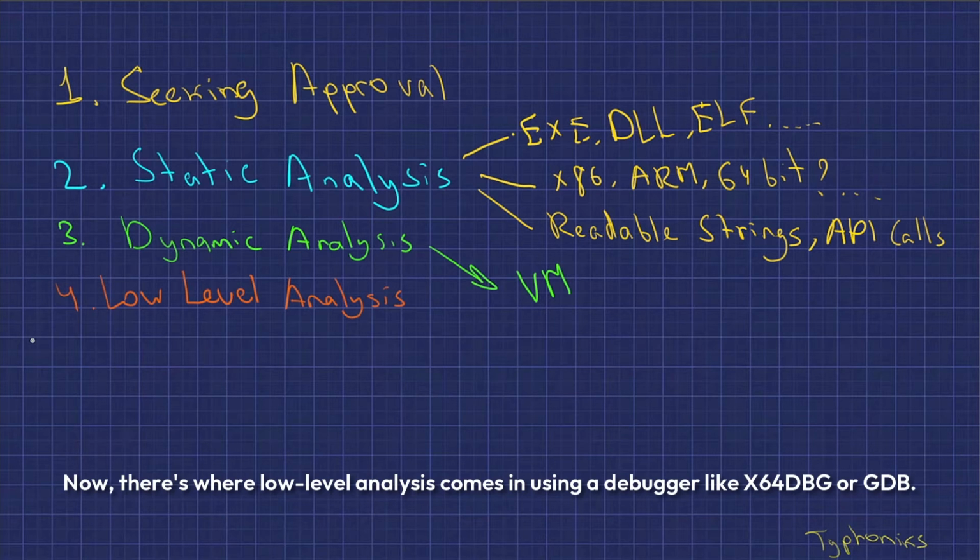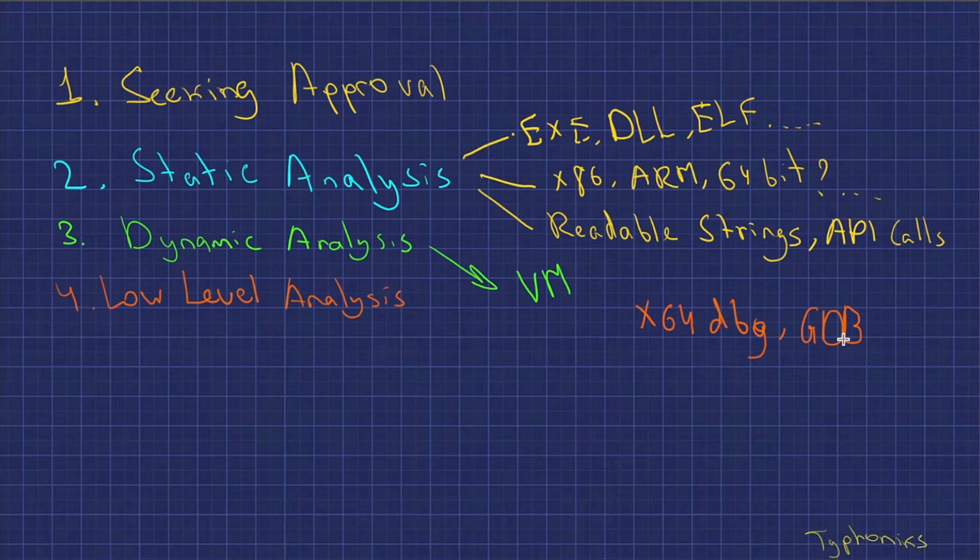Now this is where low-level analysis comes in, using a debugger like x64dbg or GDB.